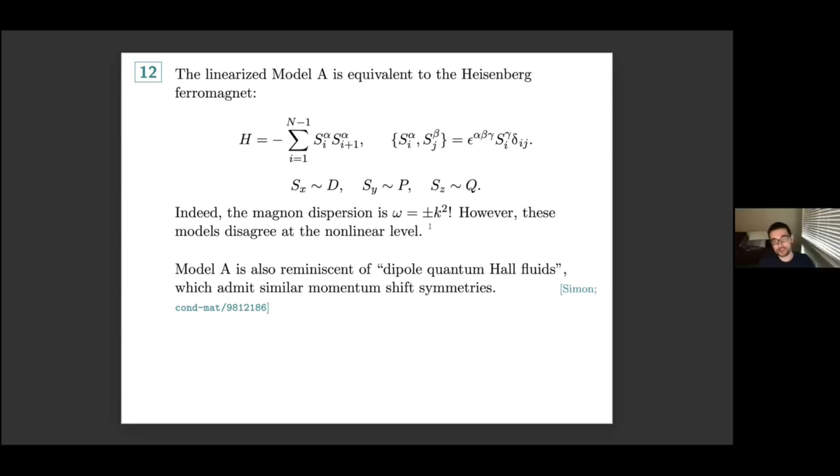As I said, the important thing is the nonlinearities in each of these systems, and those differ. The reason I bring it up is that maybe it's possible to imagine a model where the SO(3) symmetry in Heisenberg is broken explicitly at the nonlinear level in such a way as to make S_z approximately constant, with S_x and S_y fluctuating but interacting. Maybe that could realize our new fixed point in one of these magnets, but the simple Heisenberg model won't do it.